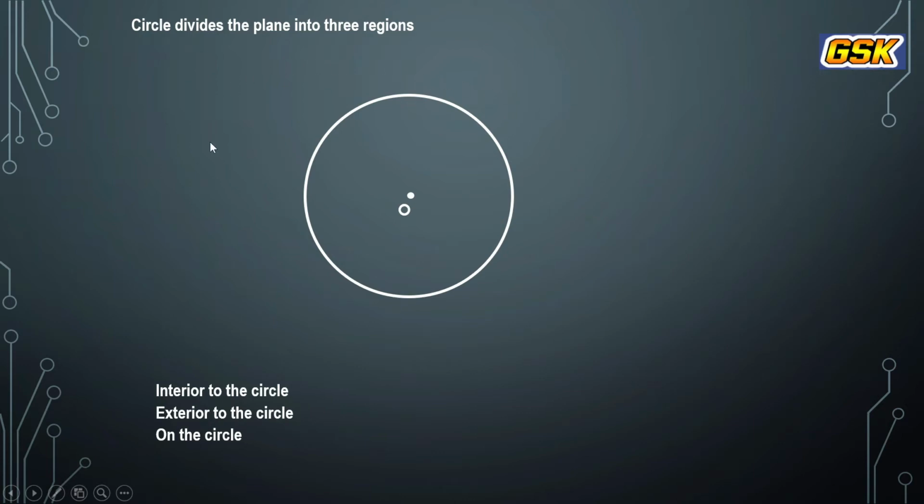So the point outside the circle is exterior, inside the circle is interior, and on the circle. Circle divides a plane into 3 regions. Next, point A is interior to the circle. Point B is exterior to the circle. And point C is on the circle.